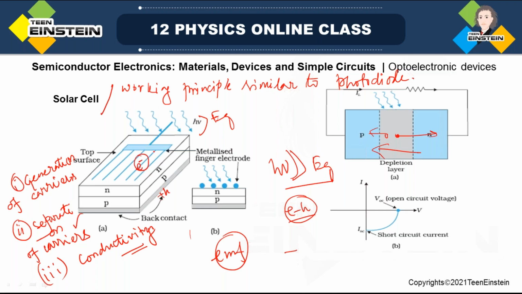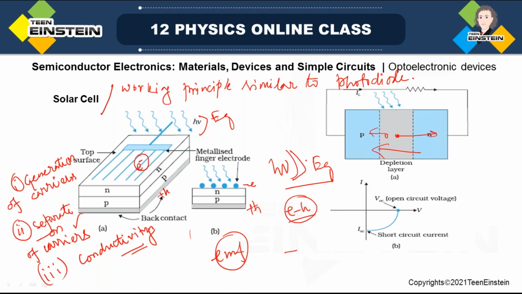Those will be separated and collected into different electrodes, top and bottom, and therefore in the top there will be electrons and in the bottom there will be holes, so positive. So when there is a charge separation between positive and negative charge, an EMF is produced. That EMF will drive the current if you connect an external circuit to it, okay. So this is the working principle of a solar cell.